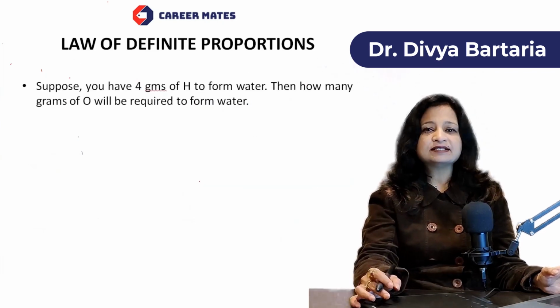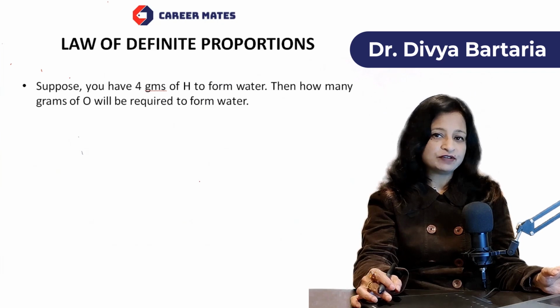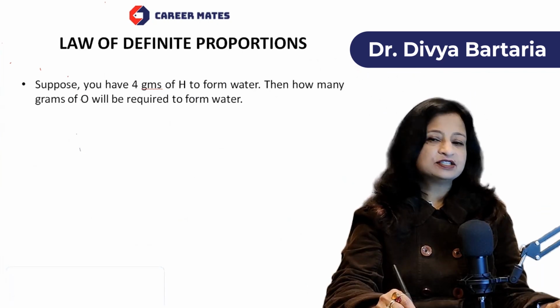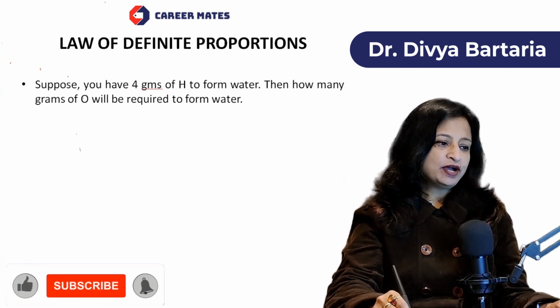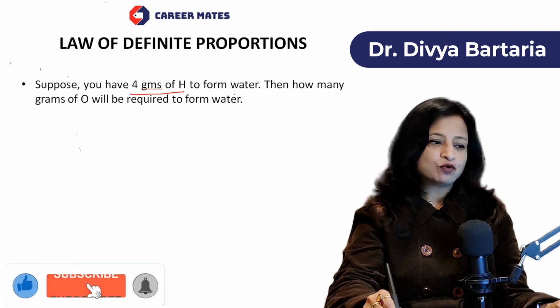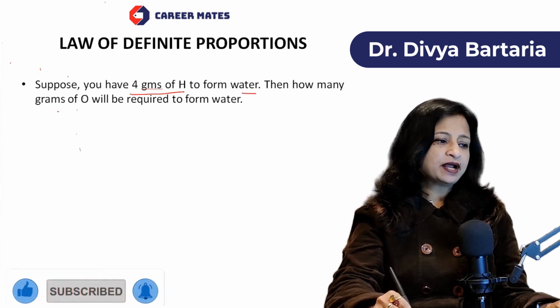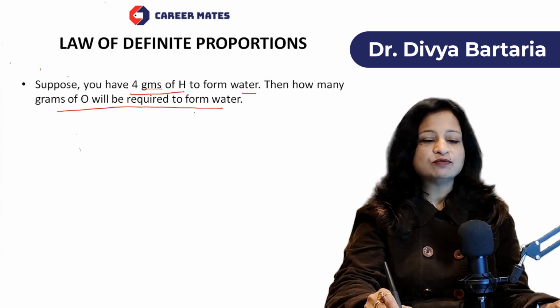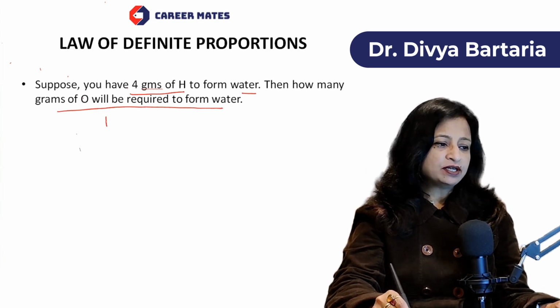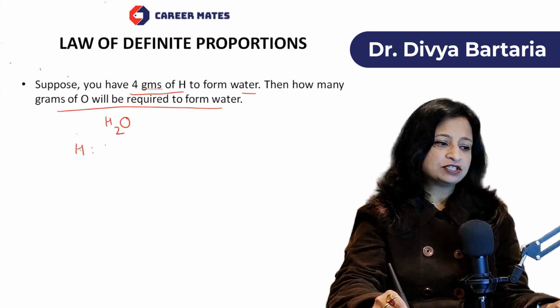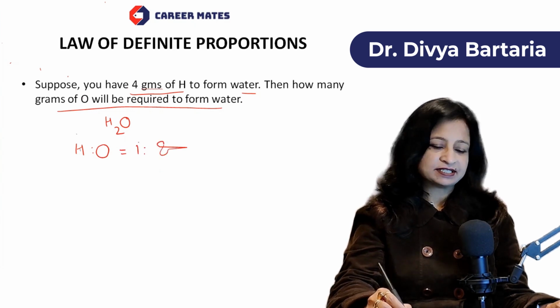So let us consider some problems related to the law of definite proportions. Suppose you have 4 grams of hydrogen to form water, then how many grams of oxygen will be required to form water? Right, so we are talking about water here. Now in case of water, we know that the ratio of hydrogen and oxygen is always 1:8, right? We have already discussed this.